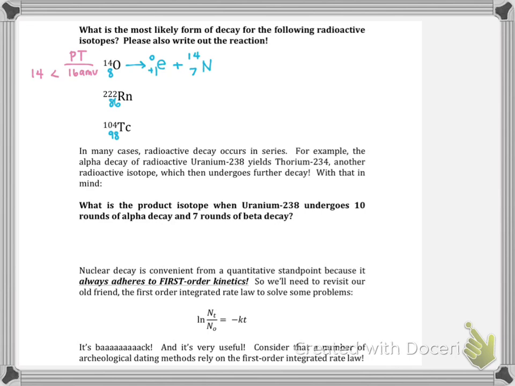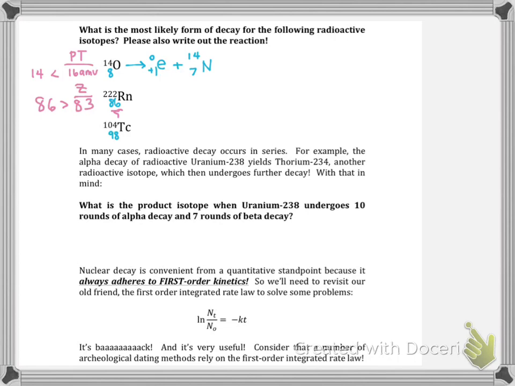Okay, so now we can look at radon. And what I'm noticing here is that radon has an atomic number of 86. And so 86 is greater than the 83 atomic number. And so that tells me we're going to undergo alpha decay.